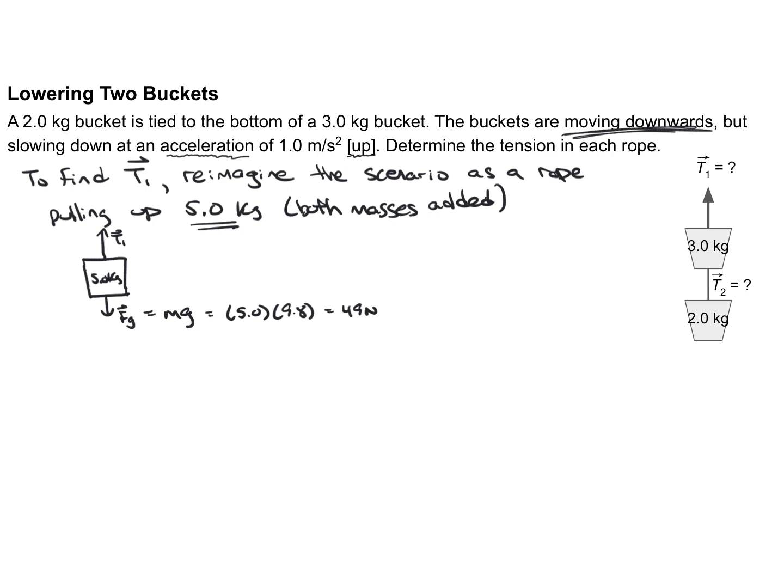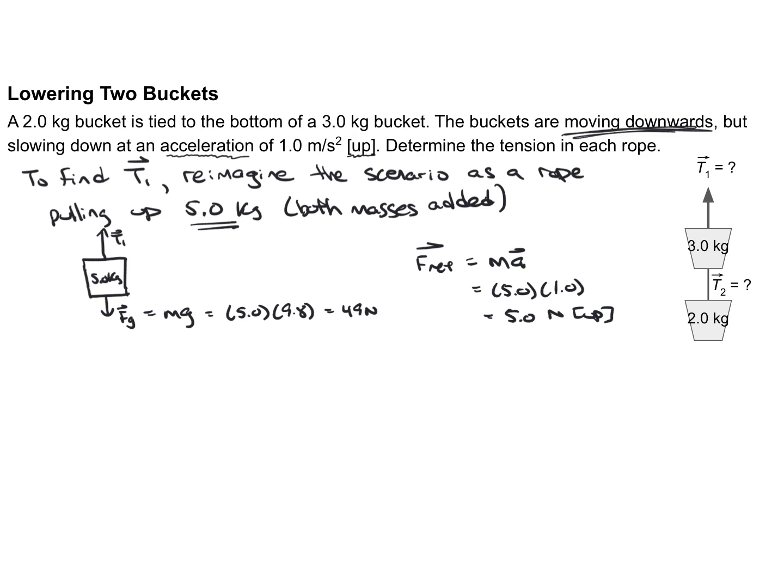How much larger? Well, then we calculate the net force again. So F net equals ma. So the mass is 5 kilograms. The acceleration is 1.0. So the answer there is 5.0 newtons up. My net force has to be 5 newtons up. So there's 49 newtons down.